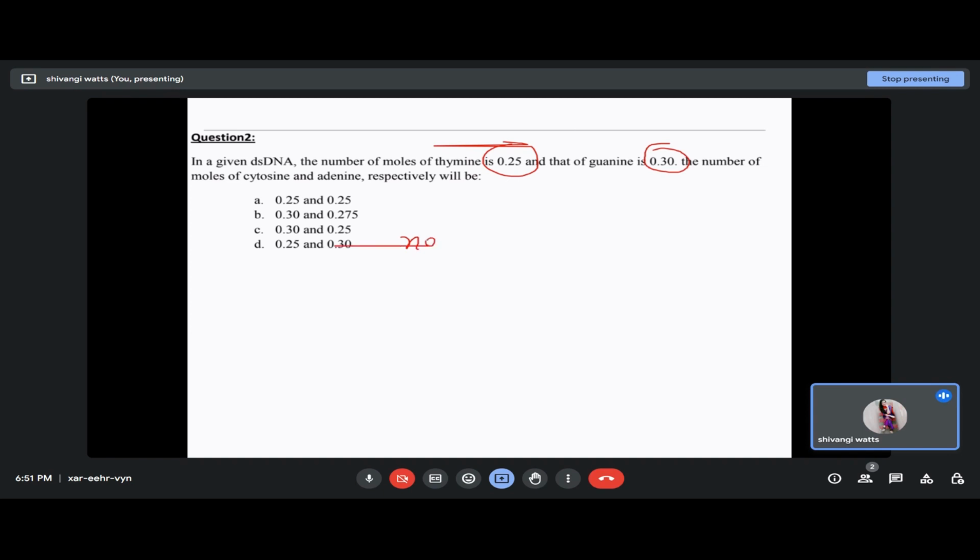We should know that in a double-stranded DNA, the number of moles of A is equal to the number of moles of T, whereas the number of moles of G is equal to the number of moles of C. Thymine is 0.25, so adenine should also be 0.25.